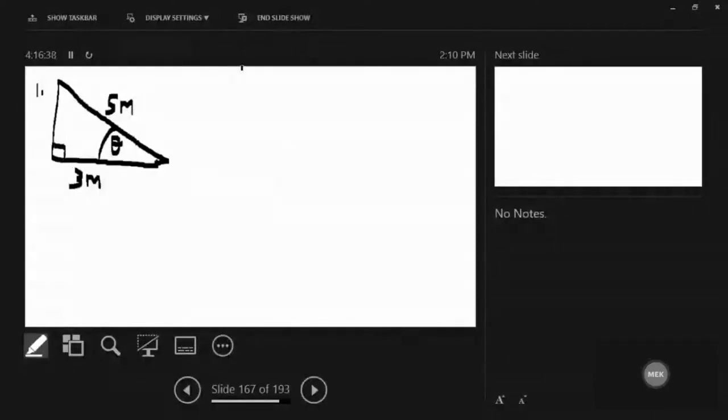So let us remind ourselves what the trig ratios are. So remember, it's SOHCAHTOA. SOHCAHTOA.